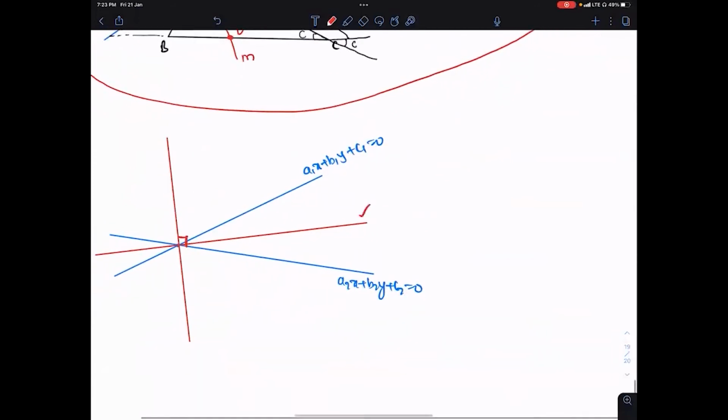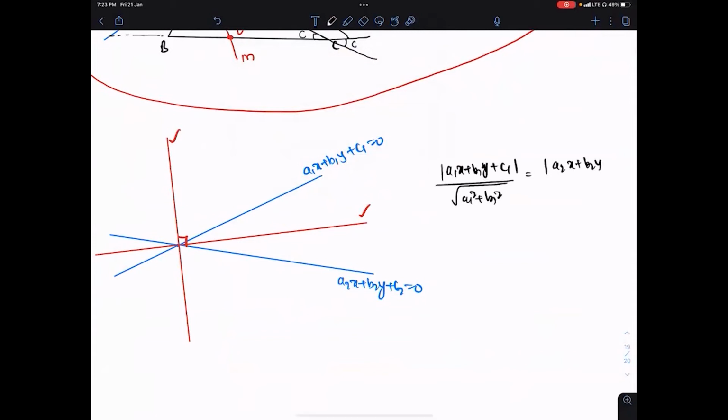Then to get these two lines, you write modulus of a1x plus b1y plus c1, the first line, divided by root of a1 square plus b1 square. Use the perpendicular distance formula for both and equate it to modulus of a2x plus b2y plus c2 divided by root of a2 square plus b2 square.